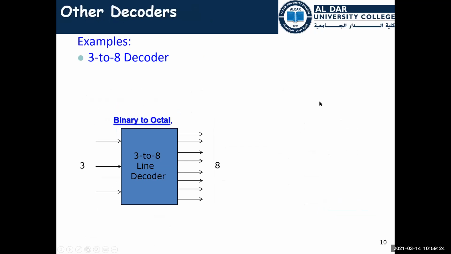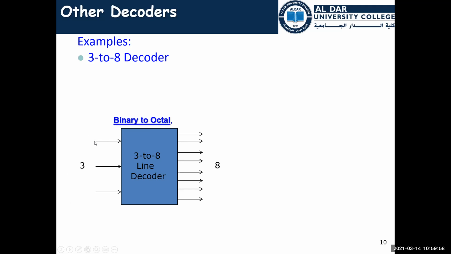Okay, how to implement 3 by 8 decoders. If you want to understand the decoder, you can say the conversion is just binary to octal, and we have the binary here, which is the three inputs, representing a binary value and the corresponding octal value at the output.